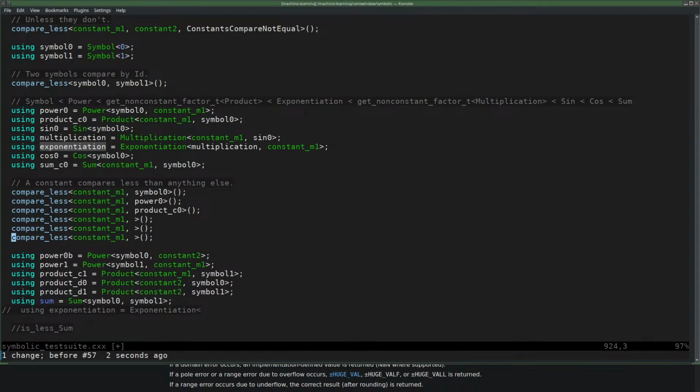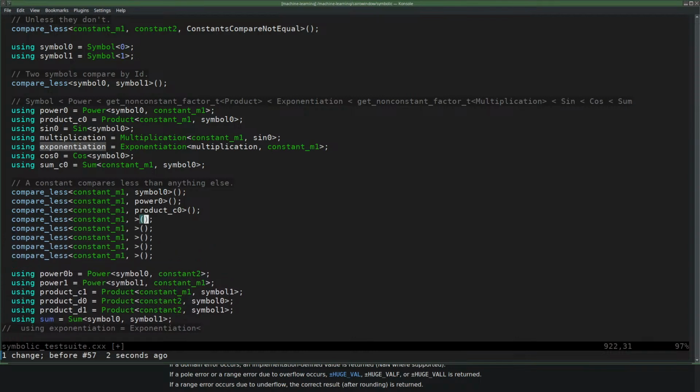Exponentiation, multiplication, sign, sum, something like that. What did I say? Exponentiation. Then we get multiplication. And then we get a sine and a cosine and a sum.